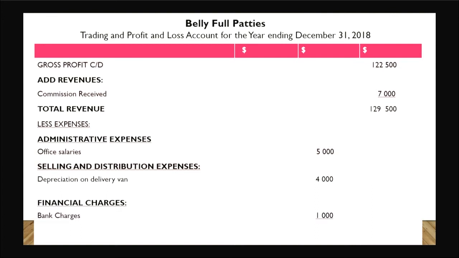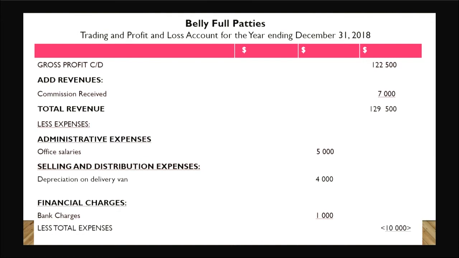What we do here now, students, is add all our expenses, the $5,000 plus the $4,000 plus the $1,000, and we get a total of $10,000. We then subtract our total expenses from our total revenue, and that will give us, finally, our net profit.